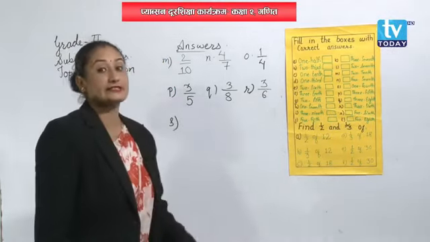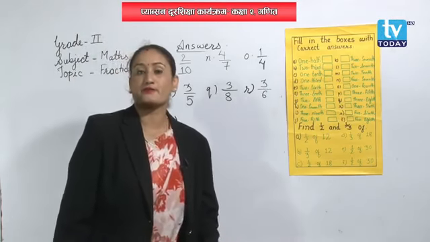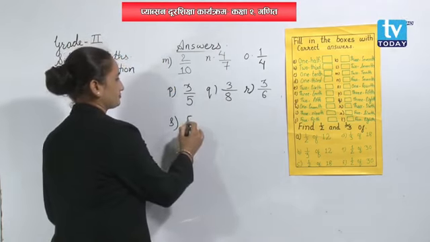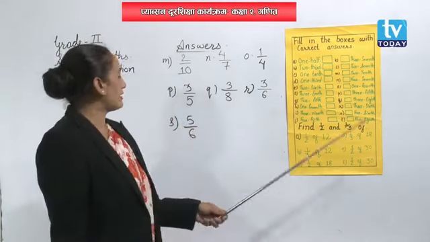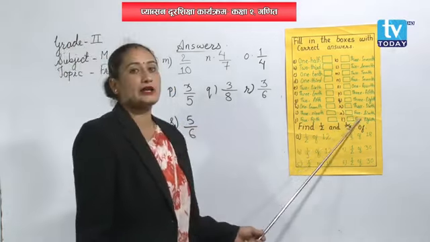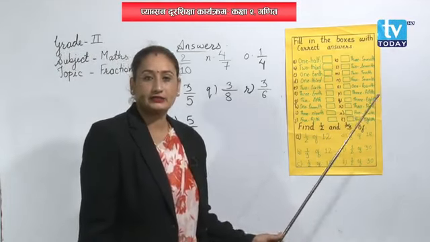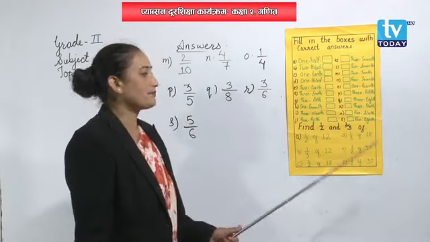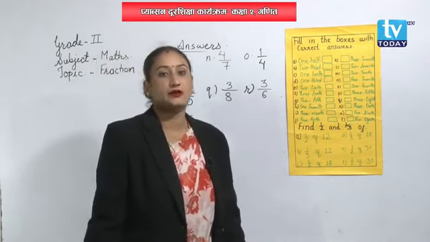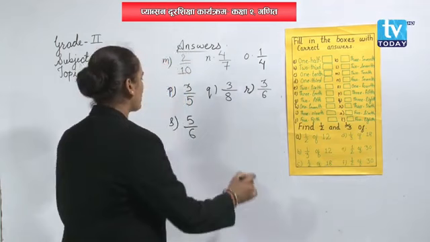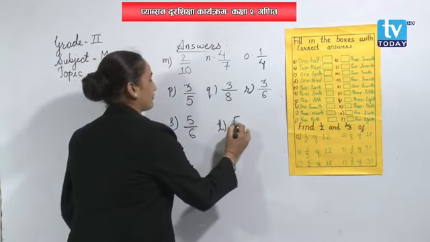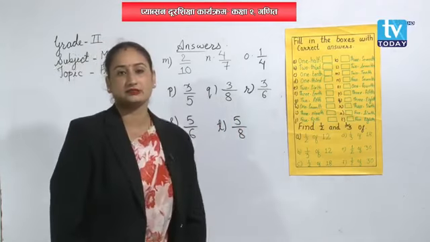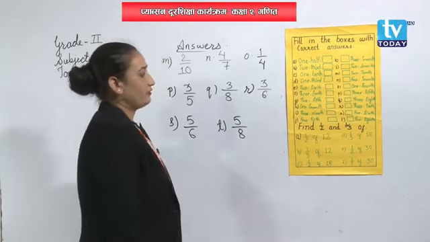Out of 6 parts, 5 parts are shaded. Last is 5/8. Out of 8 parts, how many parts are shaded? 5 parts. So, how to write? 5/8. Have you written? Okay, very good.